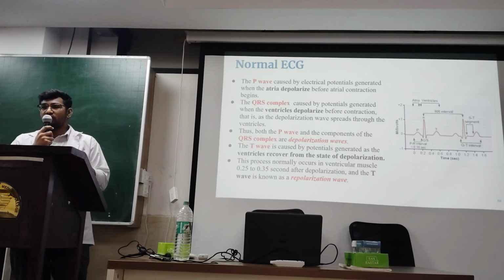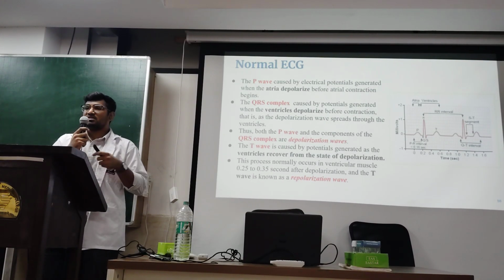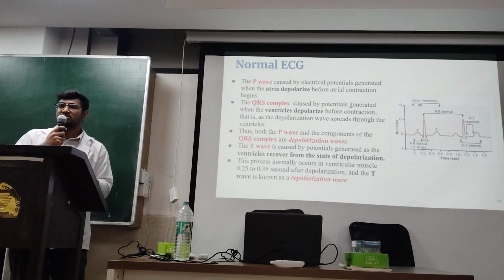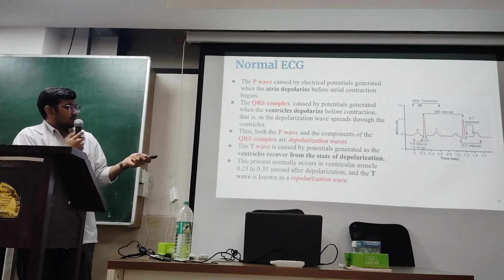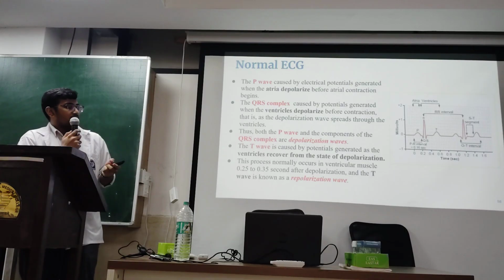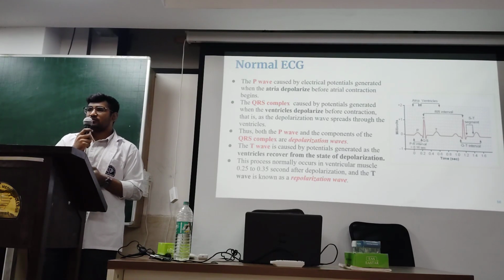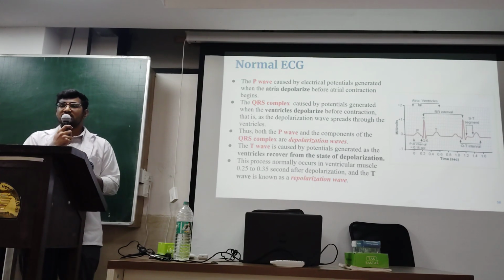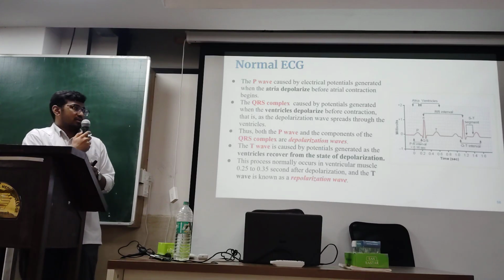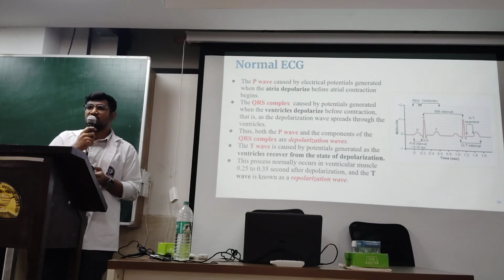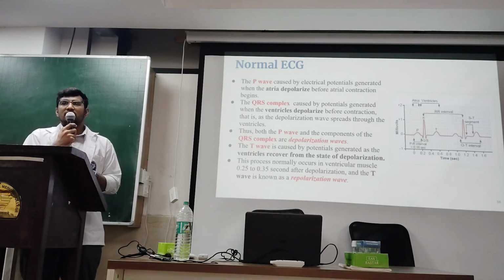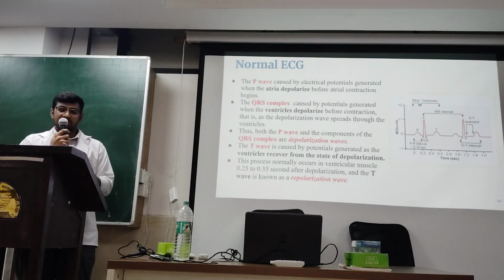When the direction of the electrical impulse is opposite to the direction of the lead, it records as a negative wave, like seen here. So there are 3 different types of waves seen, which represent ventricular depolarization. The last wave is the T wave, which represents the relaxation wave of the ventricles, which lasts around 0.25 to 0.35 seconds.